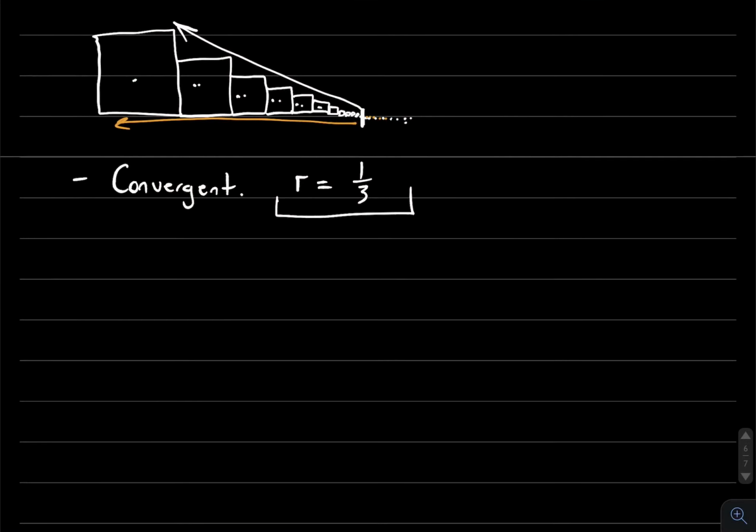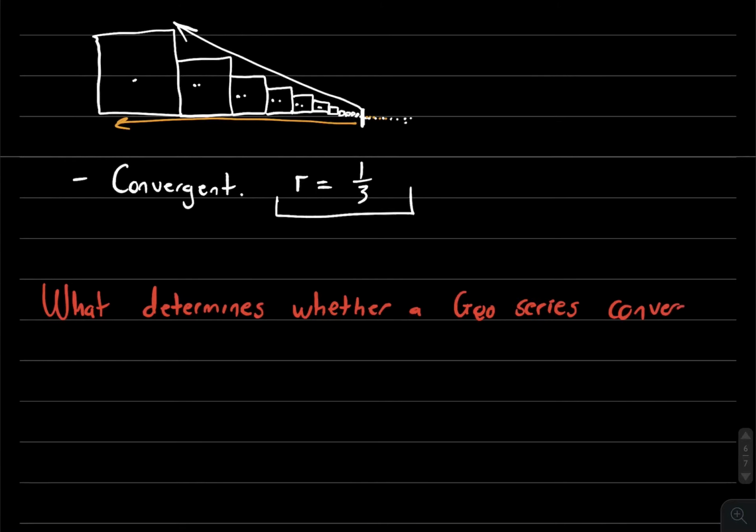What differentiates, let me just write it out, or what determines whether a geometric series converges or diverges? What determines this? What makes a certain geometric series converge and another one diverge?